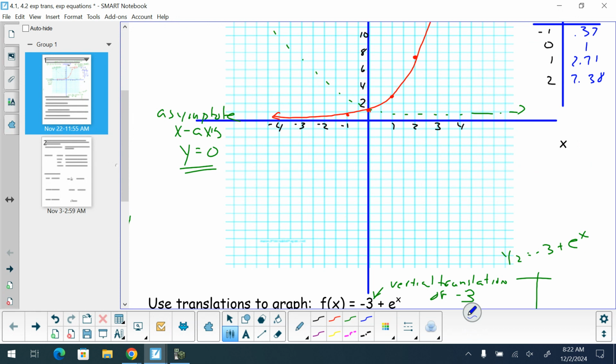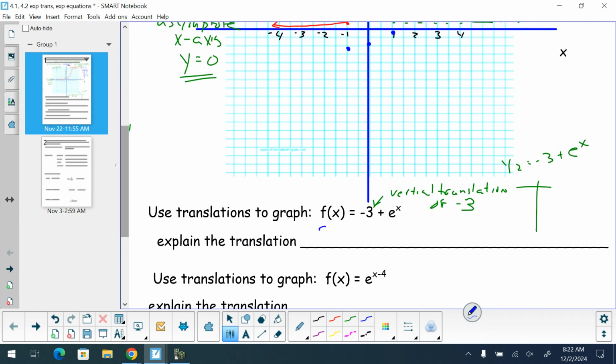1, 2, 3. 1, 2, 3. 1, 2, 3. And 1, 2, 3. Our asymptote now is going to be y equals -3.